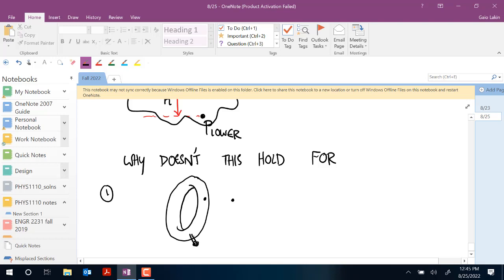So that's an inner tube. These two points are at the same height, but the pressure inside the tube is much higher than the atmospheric pressure. So why doesn't that rule hold here? Because that gas isn't continuous. The inner tube is separating the high pressure gas from the low pressure gas.